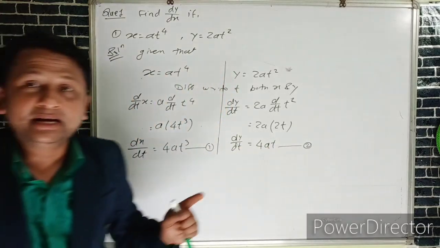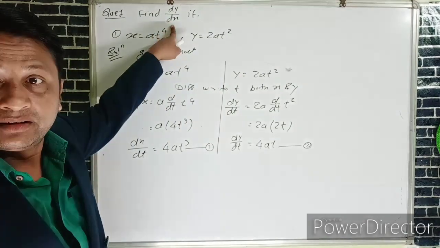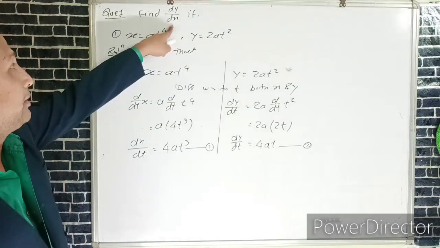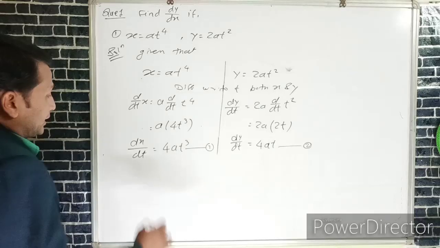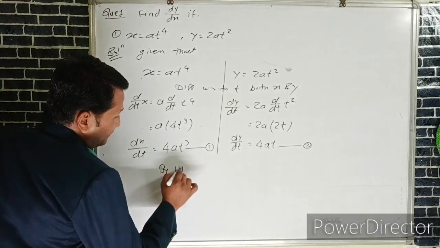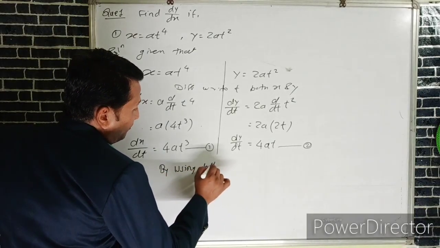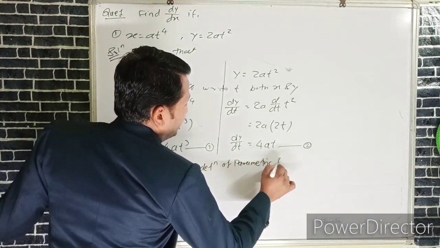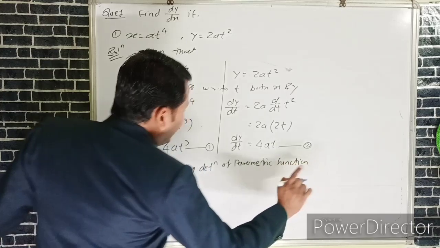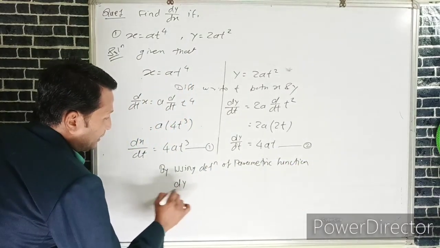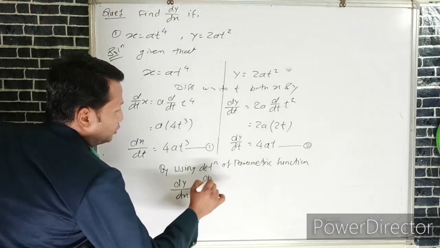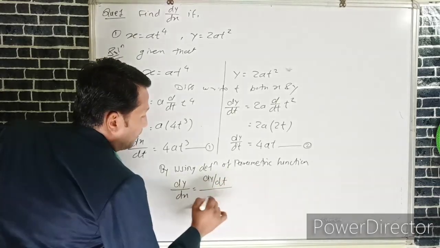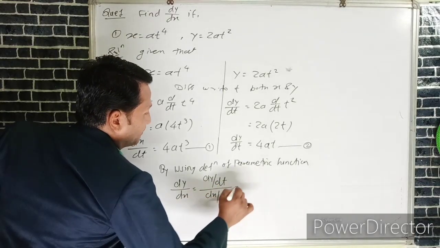But we have to find dy by dx. To find the value of dy by dx, we use the definition of parametric function. We know that the definition of parametric function is dy by dx is equal to dy by dt upon dx by dt.